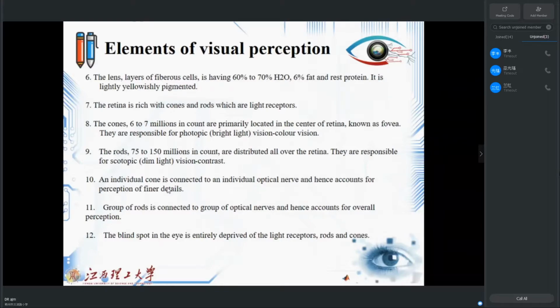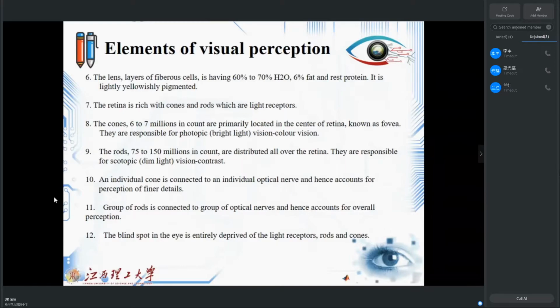An individual cone is connected to an individual optical nerve, and hence accounts for the perception of finer details. A group of rods is connected to a group of optical nerves, and hence accounts for the overall perception.